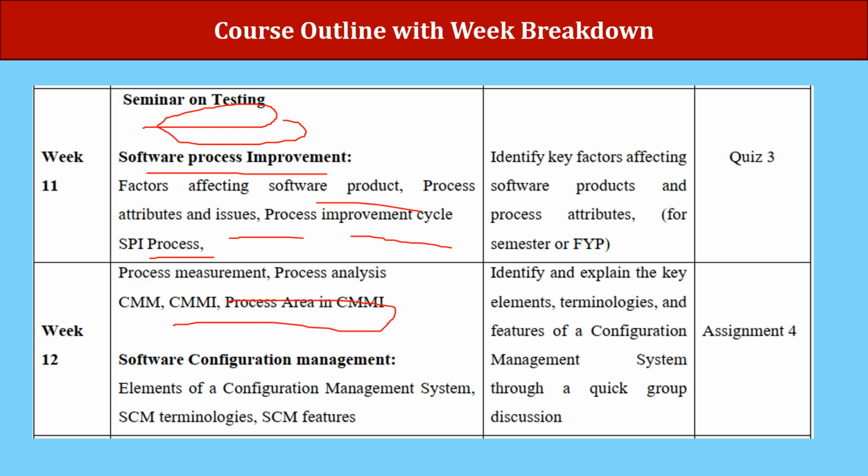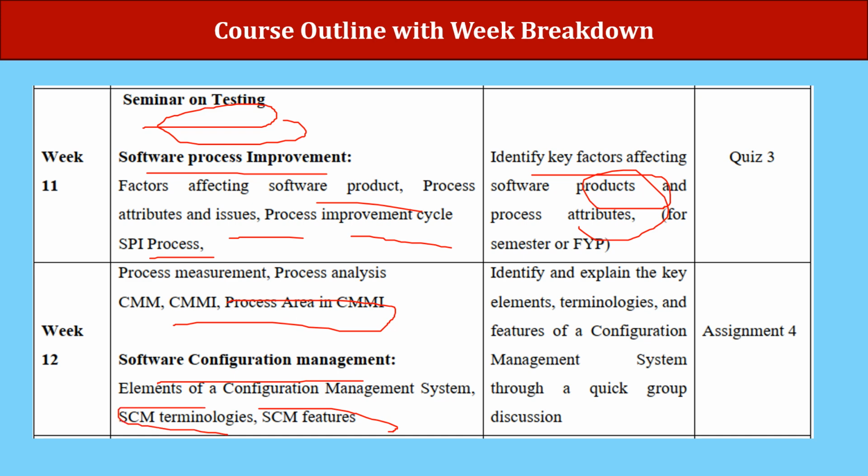And then activities based on key factors affecting software products and attributes in final year projects. Then we have a software configuration management system in which we have SCM features and SCM terminology.